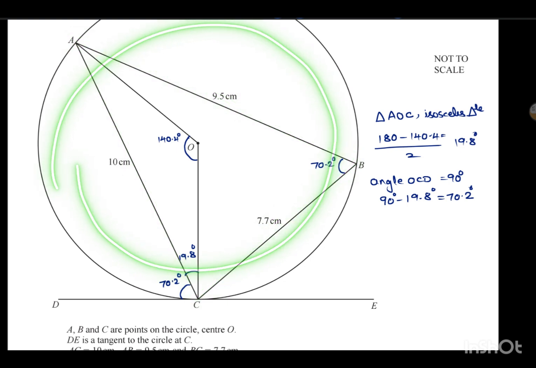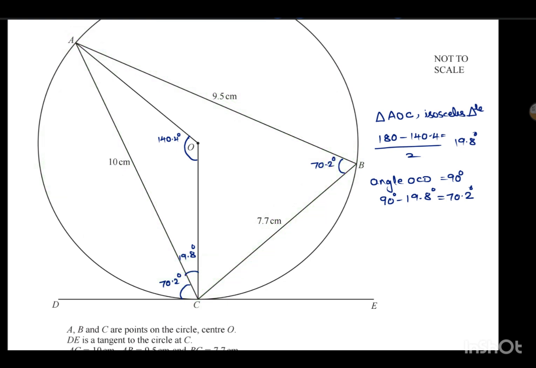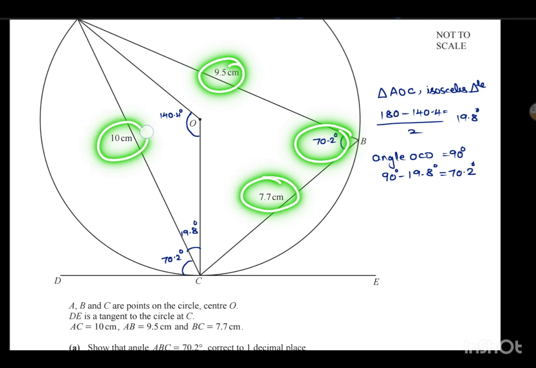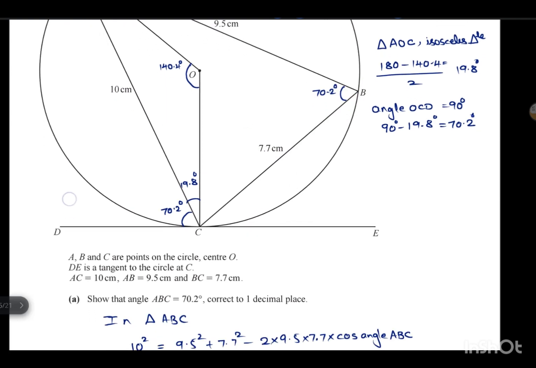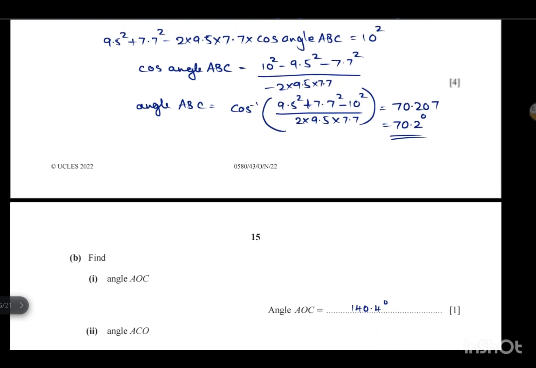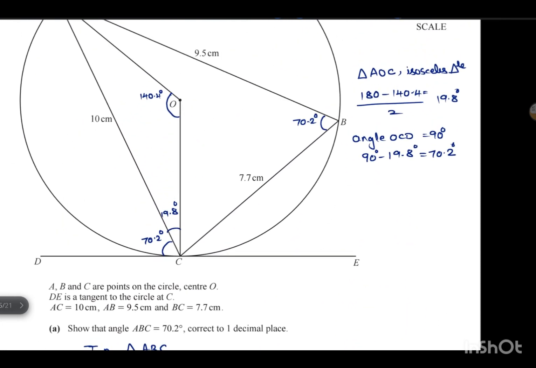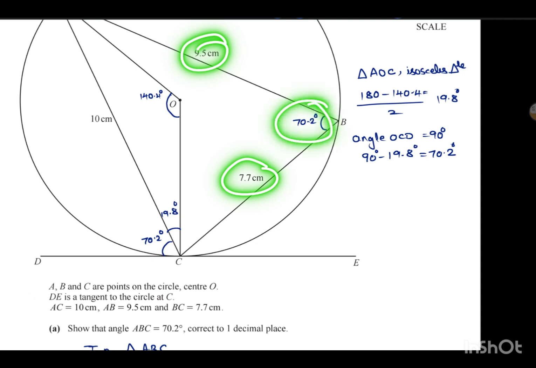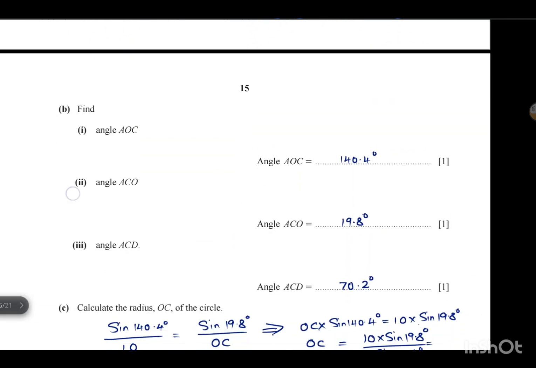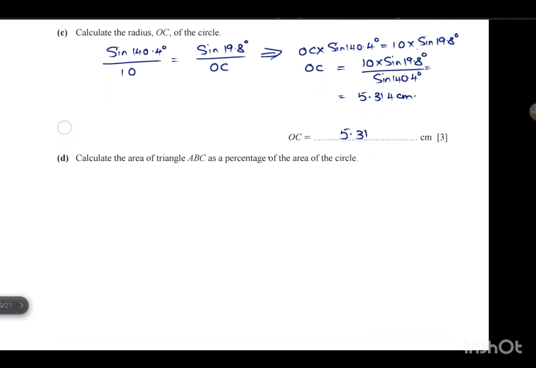Looking at the triangle, we know one of the angles, and we know the sides. So you can use the half into AB into sine C formula. AB will be these two sides, 9.5 and 7.7, and sine C will be sine of 70.2.